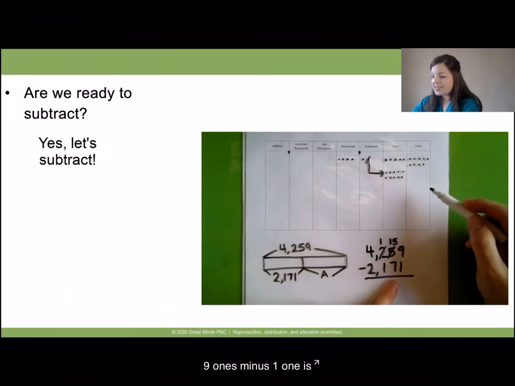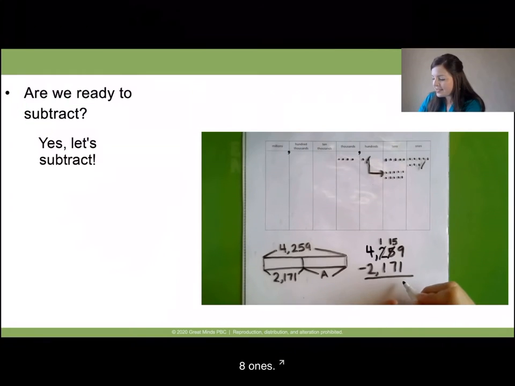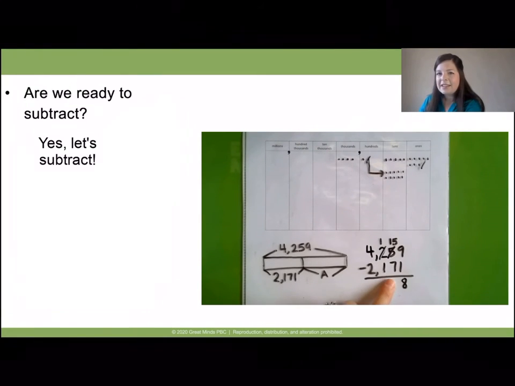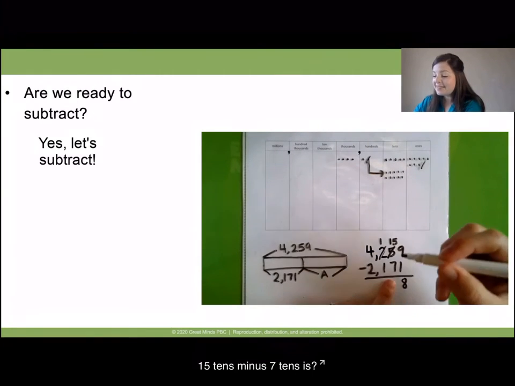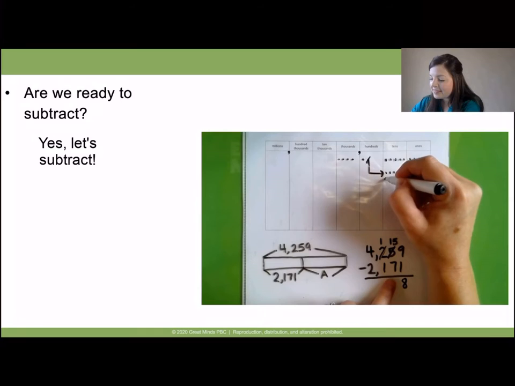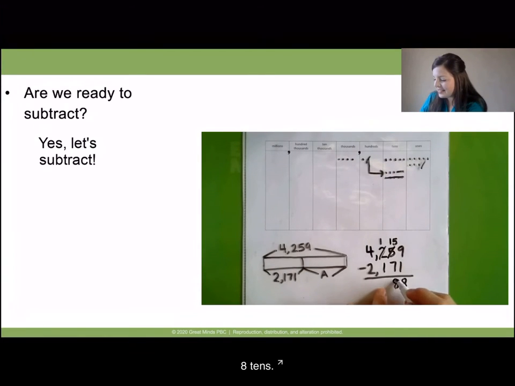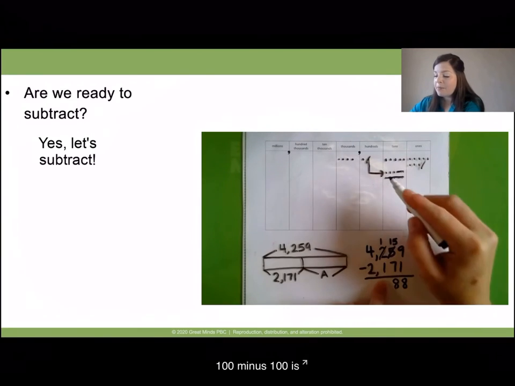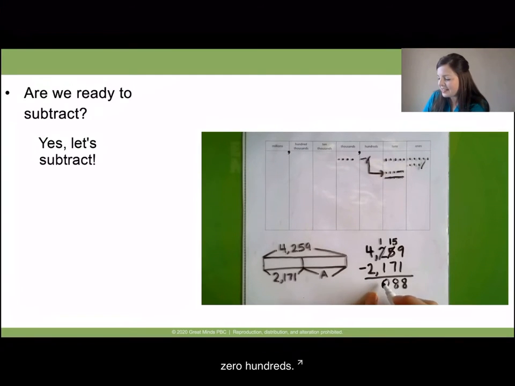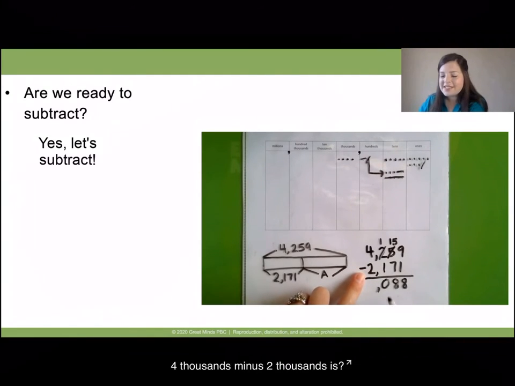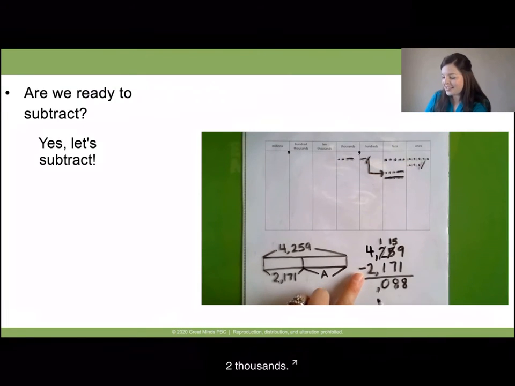9 ones minus 1 one is 8 ones. 15 tens minus 7 tens is 8 tens. 1 hundred minus 1 hundred is 0 hundreds. 4 thousands minus 2 thousands is 2 thousands.